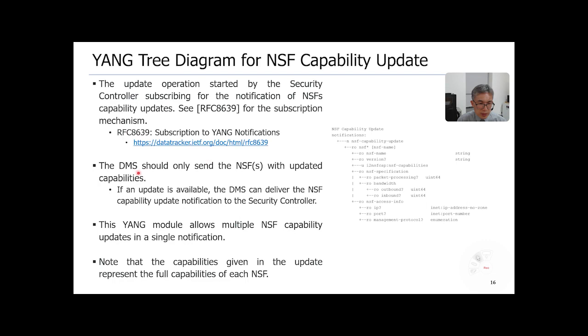When some updates happen, the DMS should only send the NSFs with updated capabilities. If an update is available, the DMS can deliver the NSF capability update notification to the security controller. In this YANG data model, the update NSF notification, NSF capability update, has the NSF name, version, capabilities, specification, and access information.